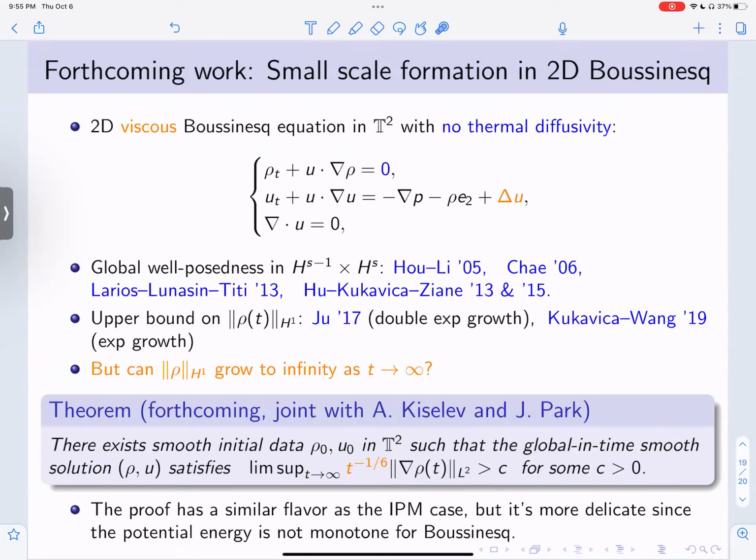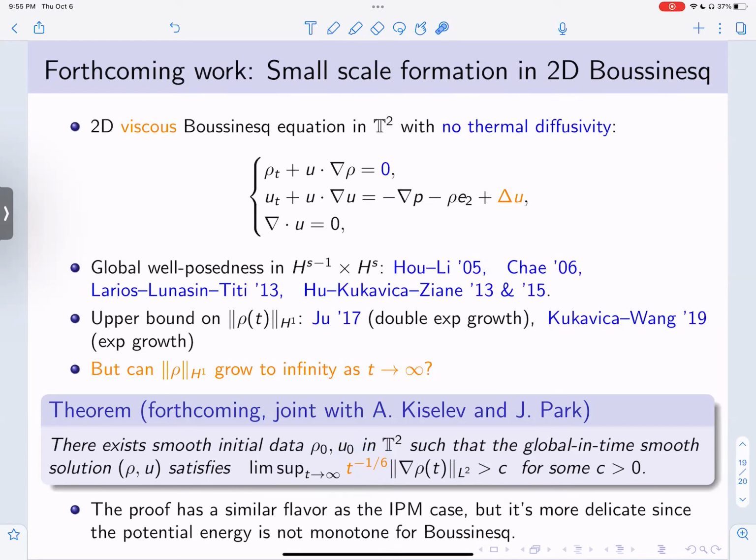But with the similar flavor, we were still able to show that one can construct solutions that indeed have small scale formation as time goes to infinity, namely the gradient of rho, so the H1 norm of rho will be growing to infinity with a certain polynomial rate.